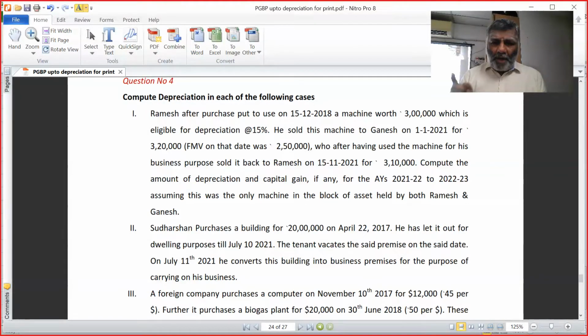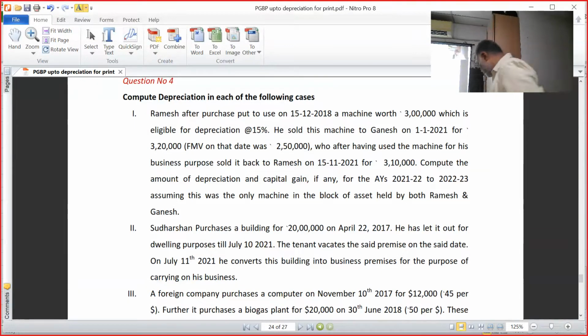Ganesh, after using the machine for his business purposes, sold it back to Ramesh on 15/11/21 for 3,10,000. Compute the amount of depreciation and capital gains for various years, assuming this was the only machine in the block for both Ramesh and Ganesh.